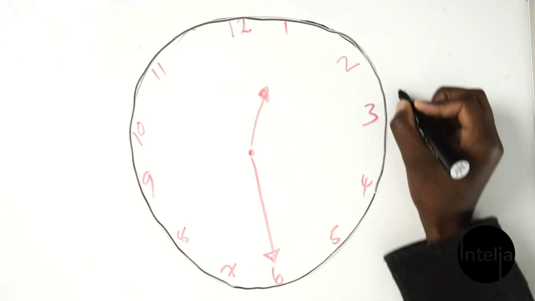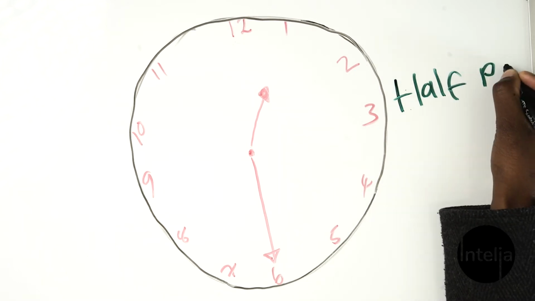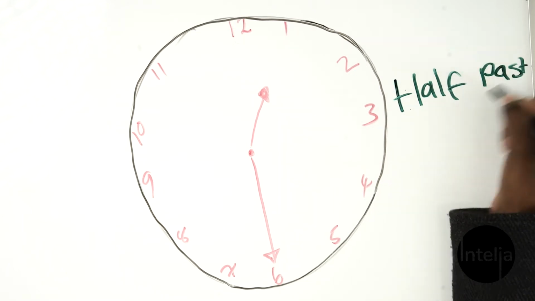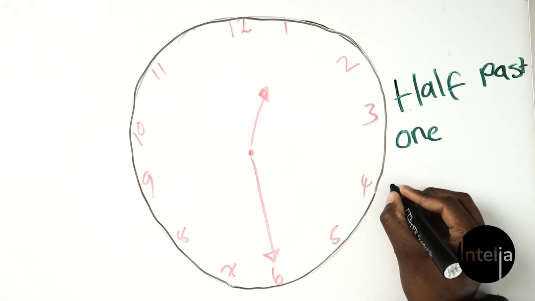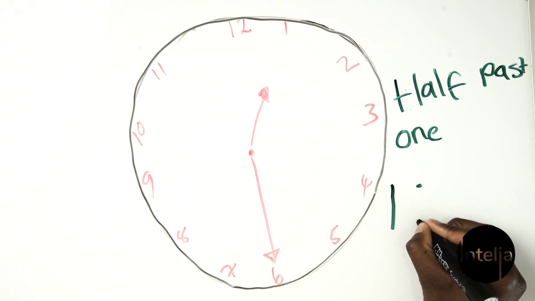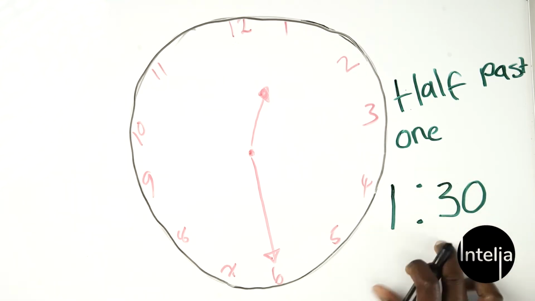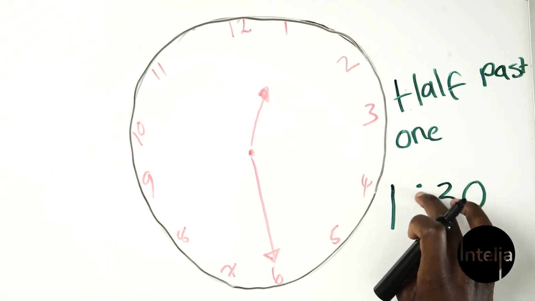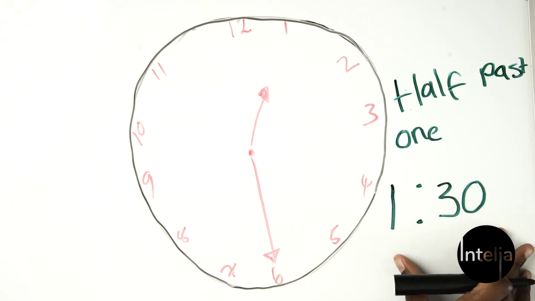So you write it down like this: 1:30 in words, and then in numbers you write it like 1, and then the dots here, and then 30. This is how I write 1:30. Always remember to put these tiny dots in between the hours and the minutes.